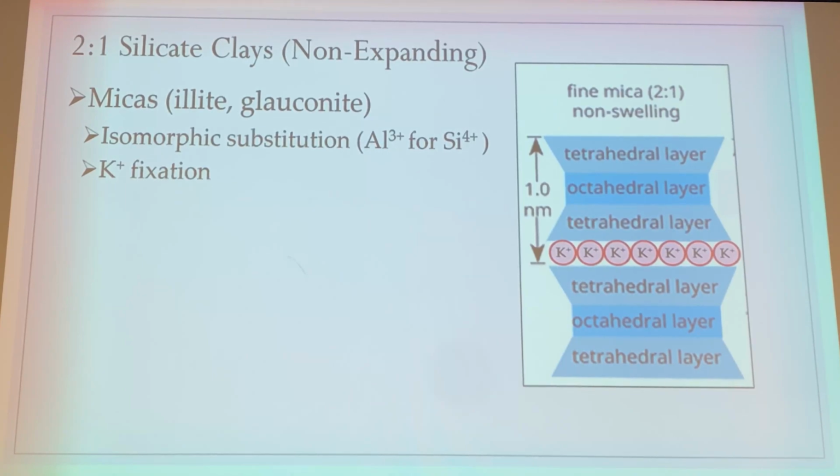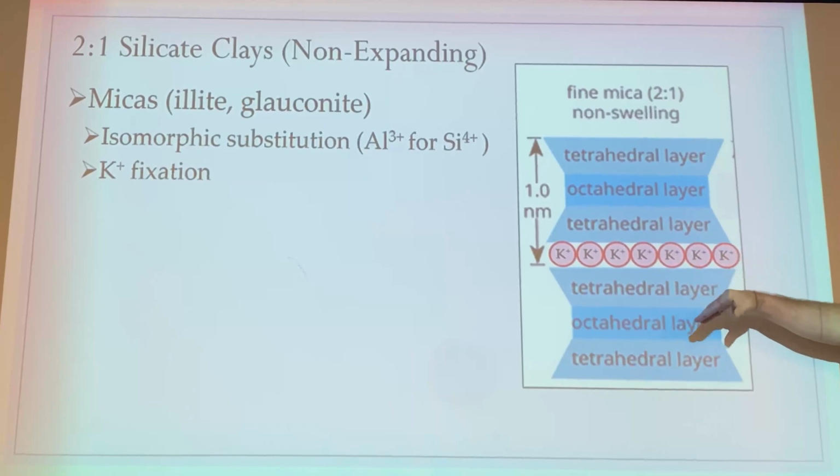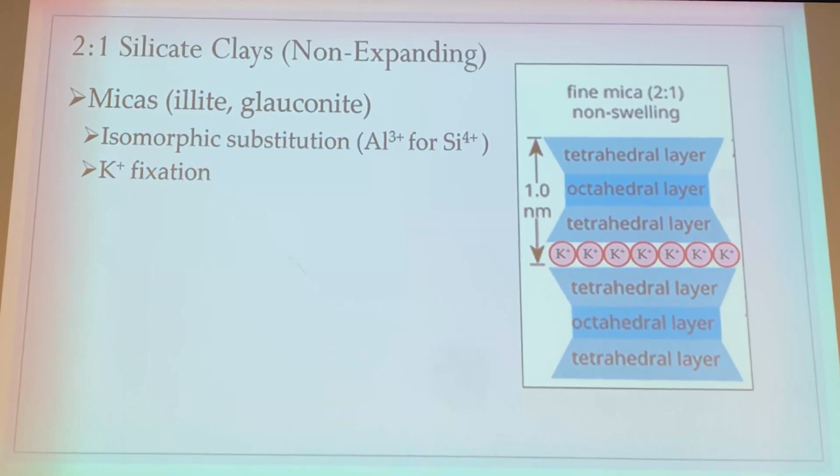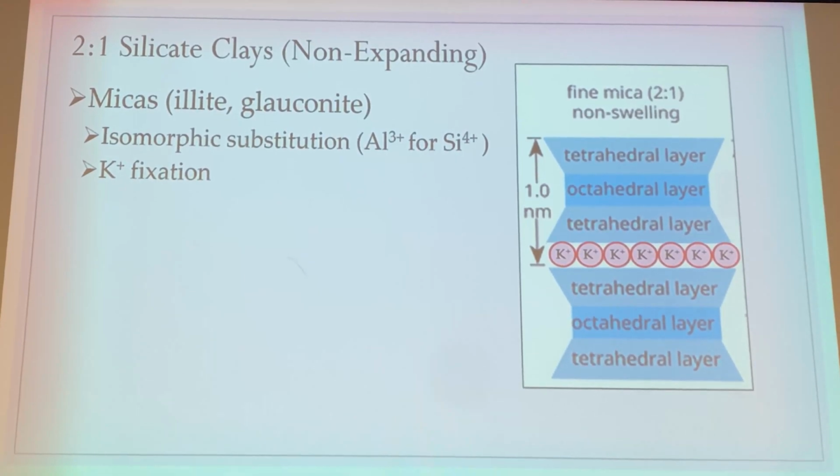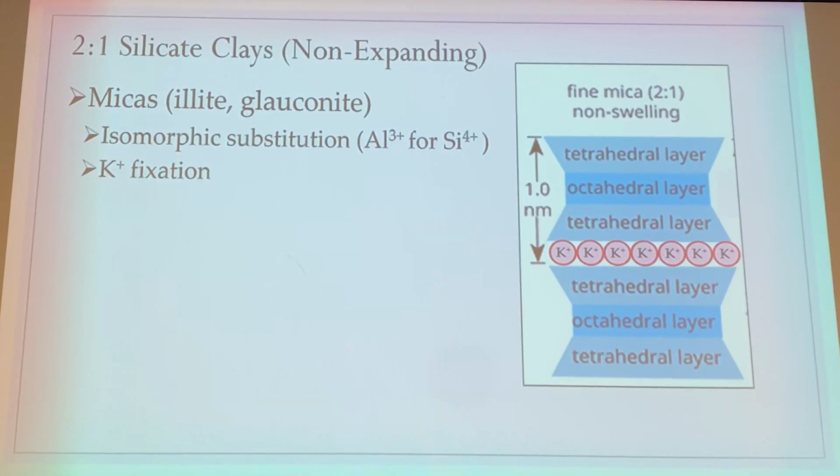What did it have in it the first time? More potassium. So it's not like the potassium is going to come out of this charge right here and move back into the water. So if you have micas, you're going to have potassium fixation or possibly ammonium fixation.